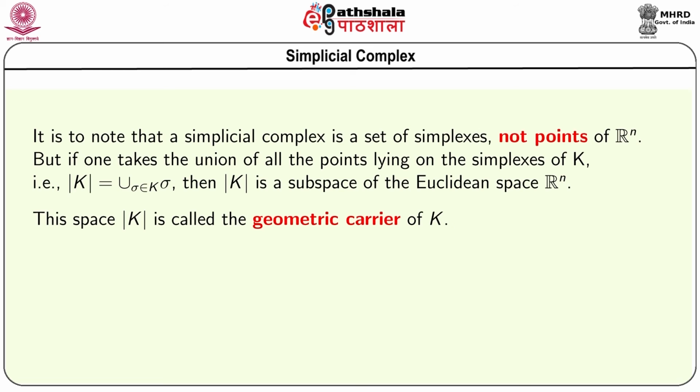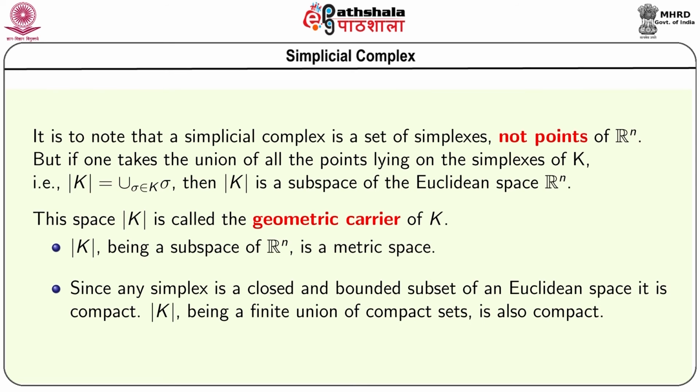This subspace mod K is called the geometric carrier of K. Now, mod K being a subspace of Rn, it is a metric space, and since any simplex is a closed and bounded subset of a Euclidean space, it is compact and therefore, mod K is a compact space.